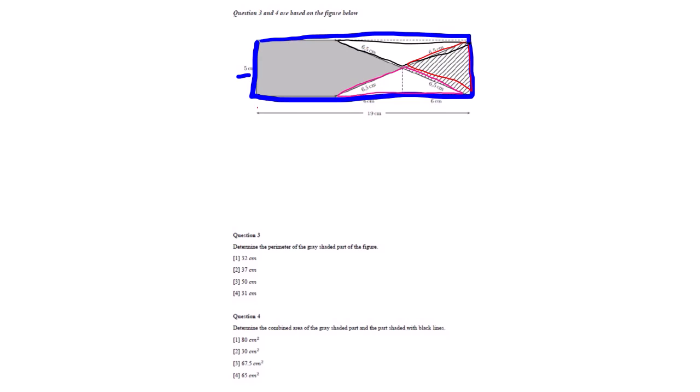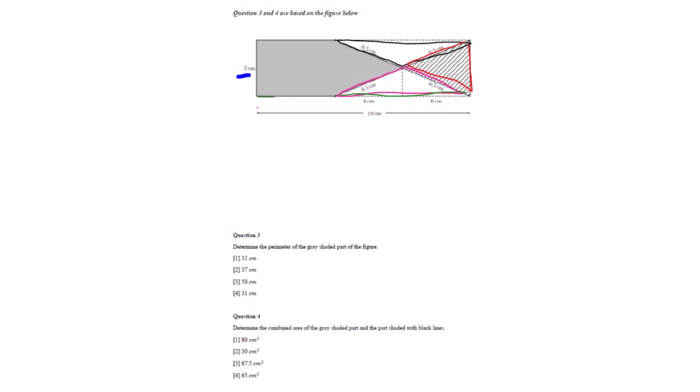We can see that from here to here, we have 19 centimeters. But also looking at this part here, from here to here, we know that is 12 centimeters because it's 6 plus 6, it should give us 12.